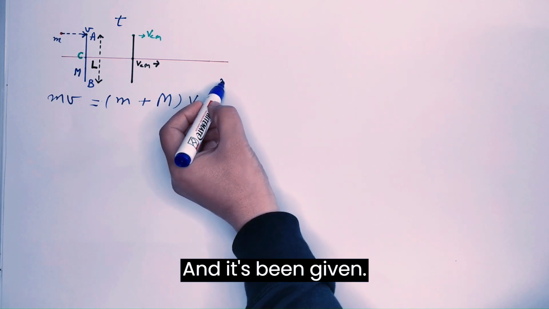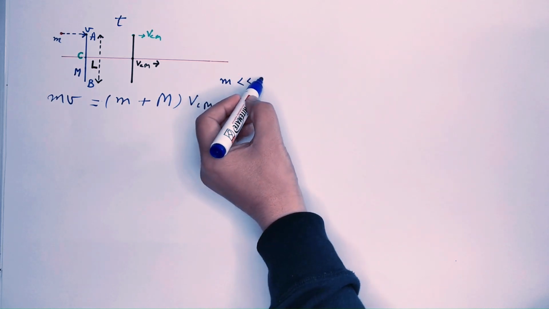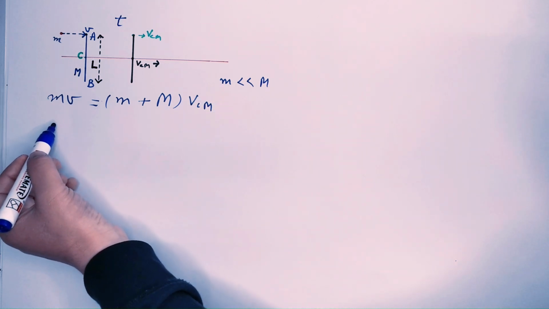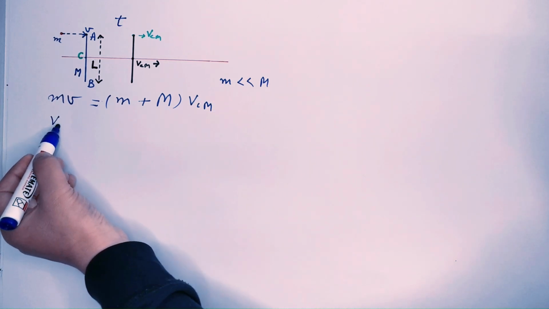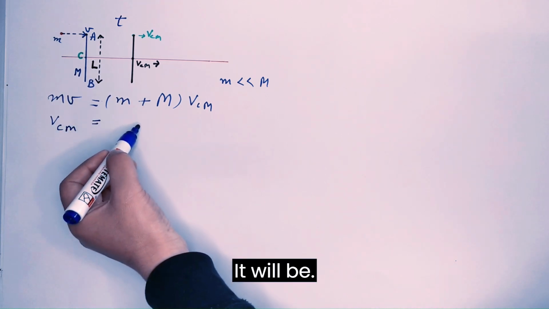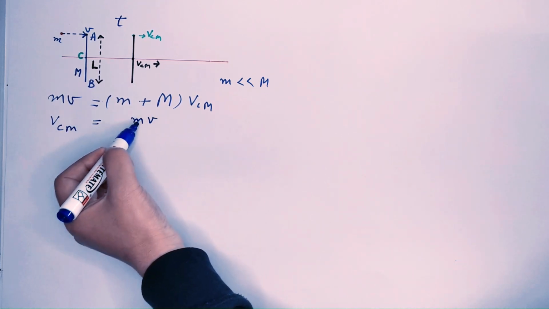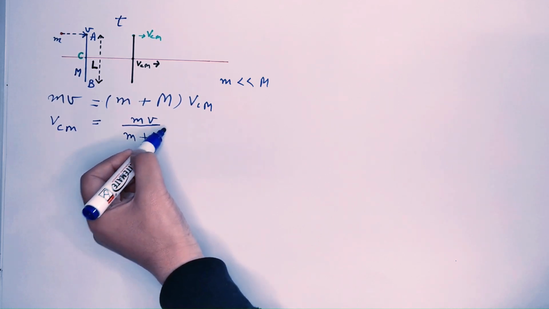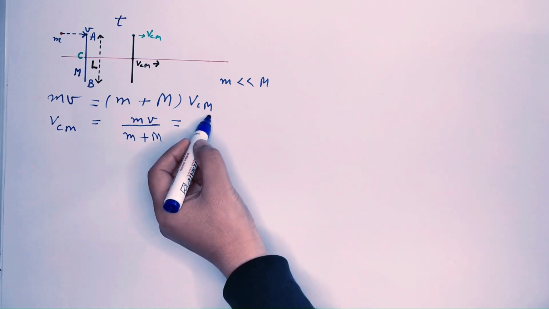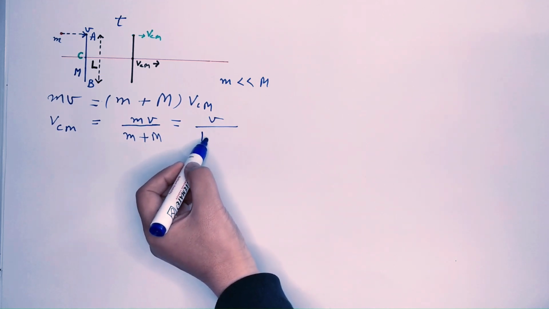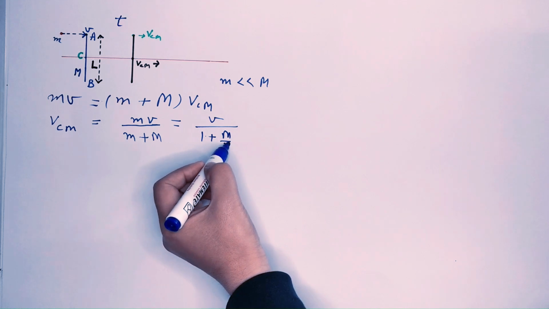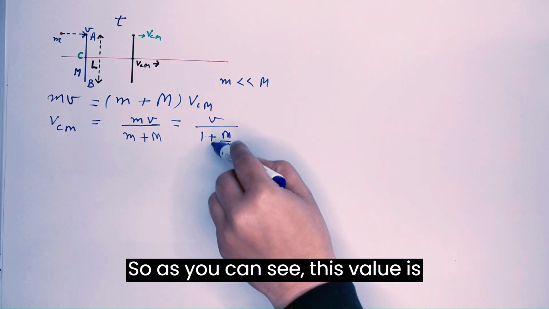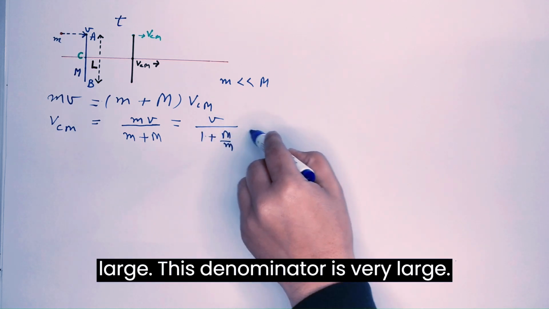And it's been given that small m is very less than M. So from here, if you calculate VCM, as you can see, this denominator is very large.